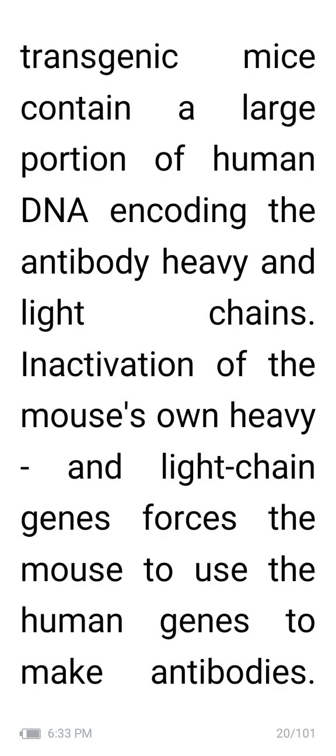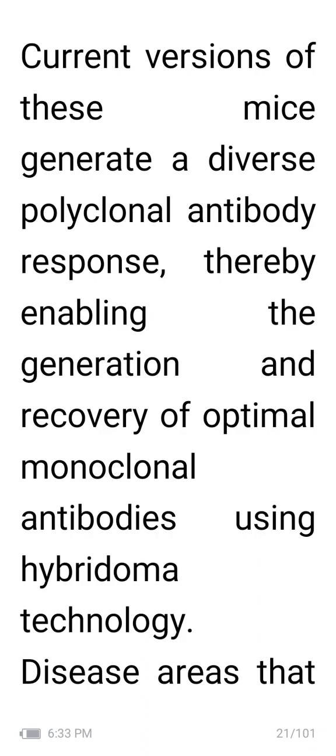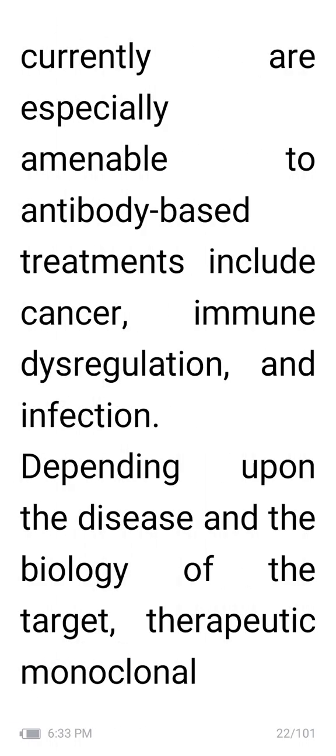Inactivation of the mouse's own heavy and light chain genes forces the mouse to use the human genes to make antibodies. Current versions of these mice generate a diverse polyclonal antibody response, thereby enabling the generation and recovery of optimal monoclonal antibodies using hybridoma technology. Disease areas that currently are especially amenable to antibody-based treatments include cancer, immune dysregulation and infection.